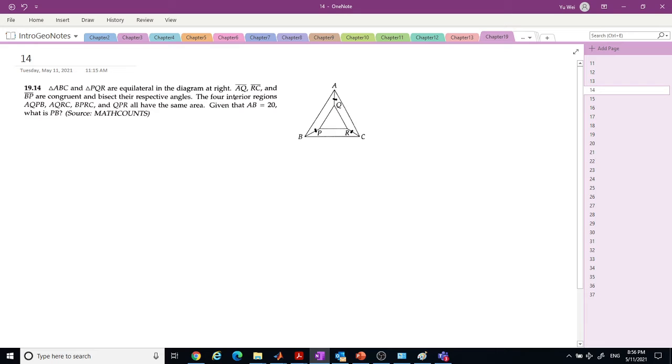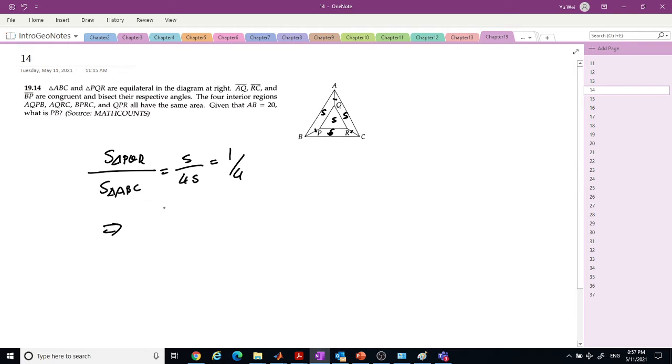Okay. We have the 4 interior regions with the same area. So this is S, this is S, this is S, and this is S, right? Now we know triangle PQR over triangle ABC is S over 4S, which is 1 over 4.